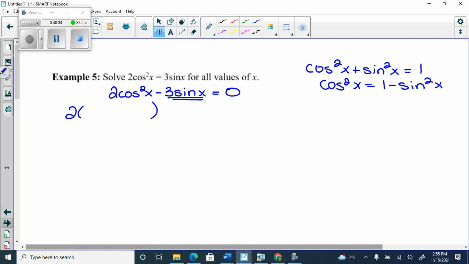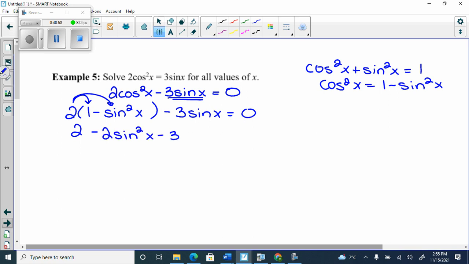So we're going to replace the cos squared with 1 minus sine squared x, minus 3 sine x equals 0. Then what must I do? Distribute that 2 in. 2 times 1 is 2. 2 times negative sine squared x is negative 2 sine squared x, minus 3 sine x, equals 0.